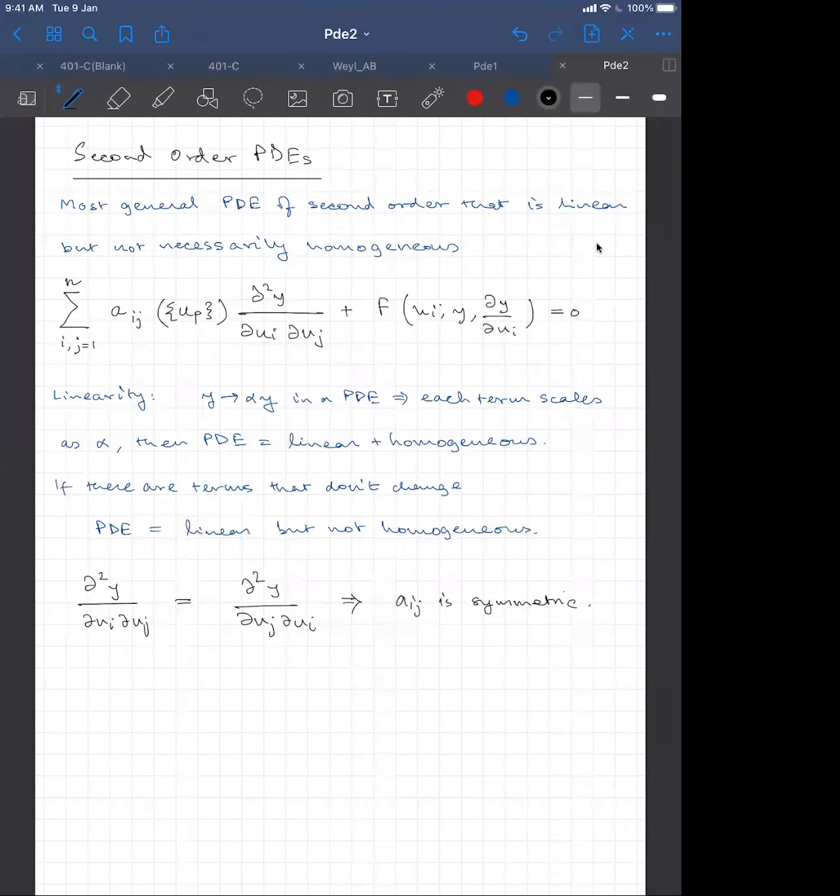Okay, so let's write down the logic once more. So this is symmetric.